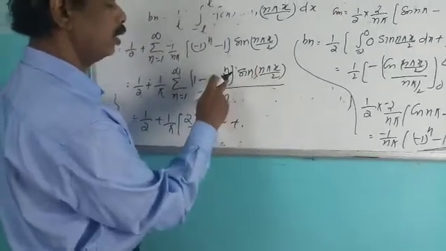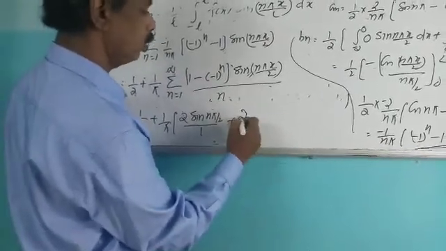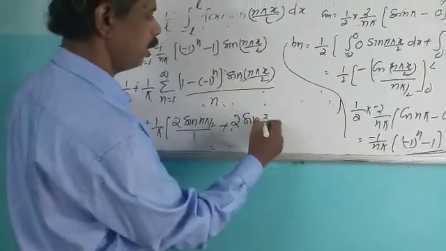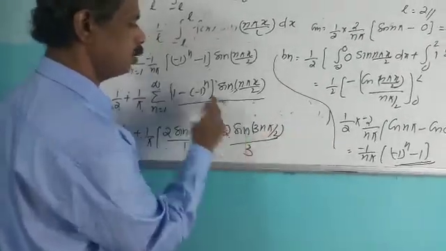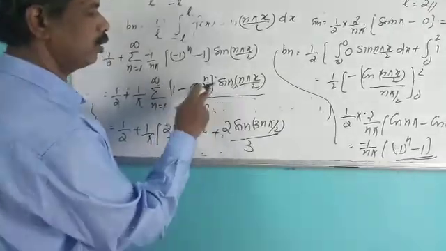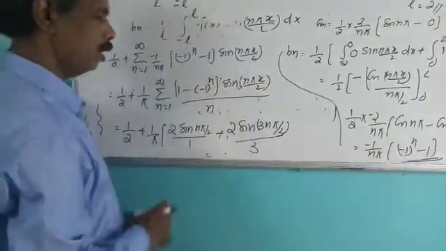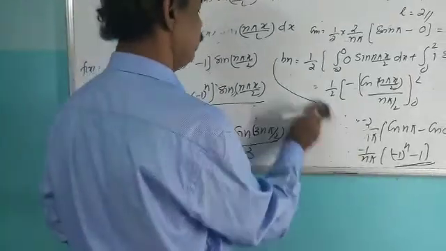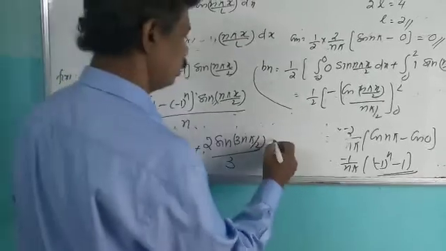Put n equal to 3: 2 sin(3πx/2) divided by 3. Put n equal to 4: this becomes 0. Put n equal to 5: again that becomes 2 sin(5πx/2) divided by 5.